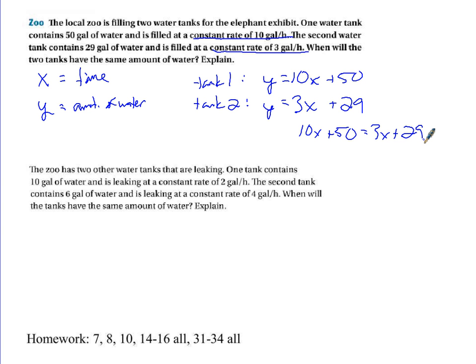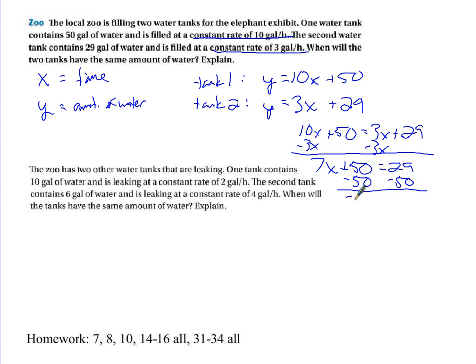Now what? We're solving for x, so we're going to subtract 3x from both sides. And we get 7x plus 50 equals 29. Now what? Okay, subtract the 50.